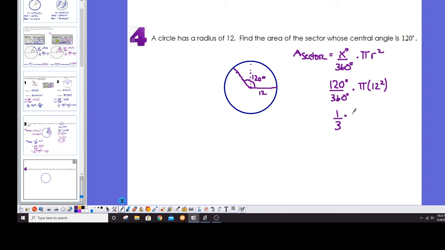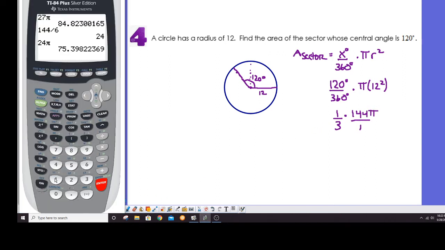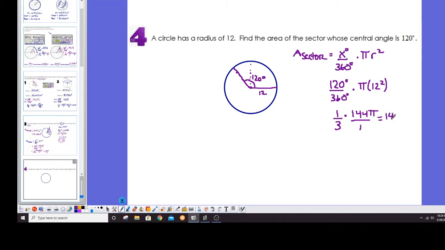And 12 squared is 144. And 144 divided by 3 is 48. So if I do 144 pi divided by 3, I get 48 pi because 3 goes into 144 that many times.